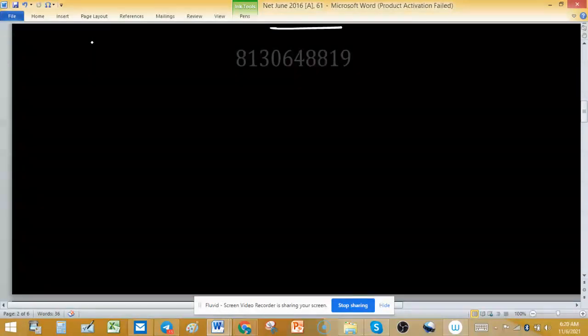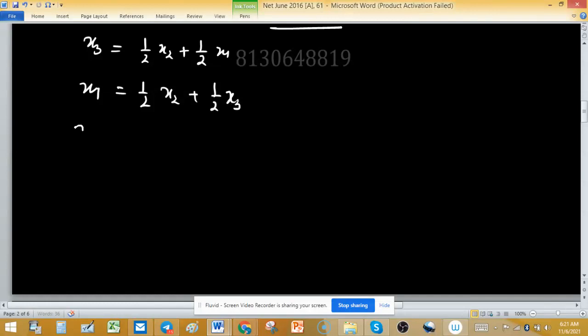As I can write x3 equal to half of x2 plus half of x1, x4 will be half of x2 plus half of x3, and similarly x5 can be written as half of x3 plus half of x4.